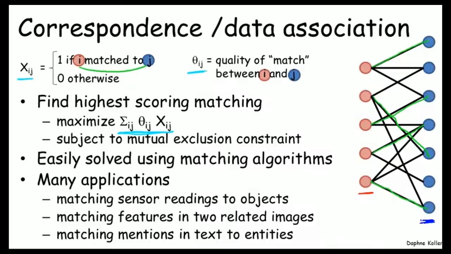Or we might have features in two unrelated images, and we'd like to figure out which feature in image 1 matches which feature in image 2. Or if we're trying to do some kind of text analysis, we might have a set of entities, say people or organizations, that we're trying to reason about or learn something about, and we're trying to match mentions in the text to those entities, subject to the constraint that each mention corresponds to exactly one entity.